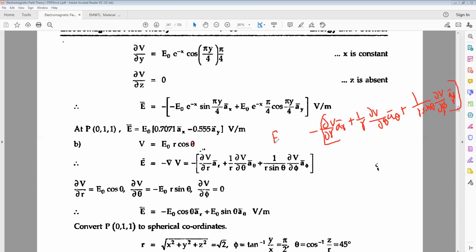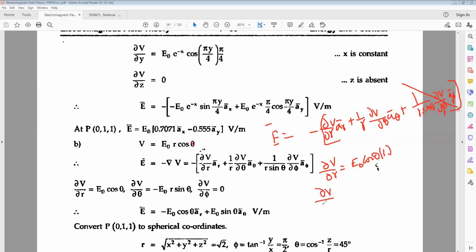So the total E bar is minus of this. First, dou V by dou r. The given function has only the r term and the theta term, there is no phi term, so the last part is always 0. First of all, dou V by dou r is equal to E naught cos theta, where cos theta is constant and the r derivative is 1.